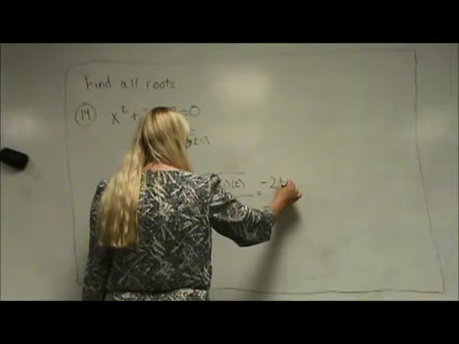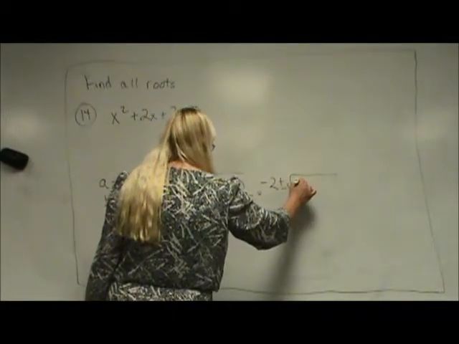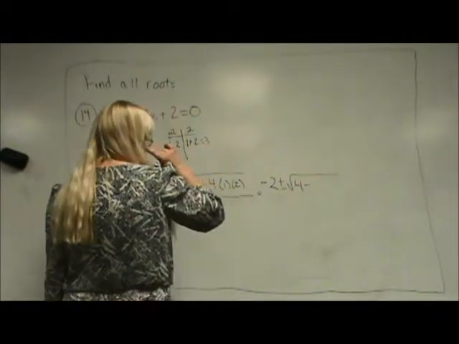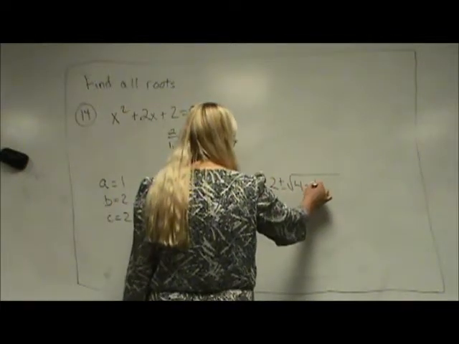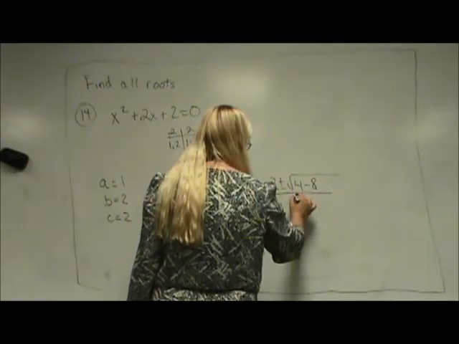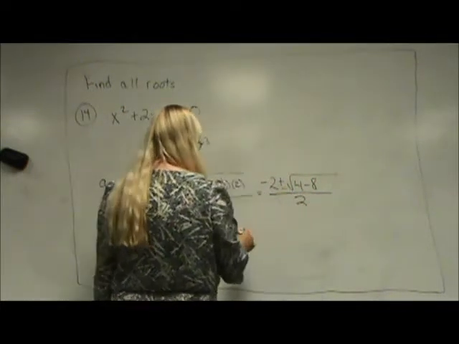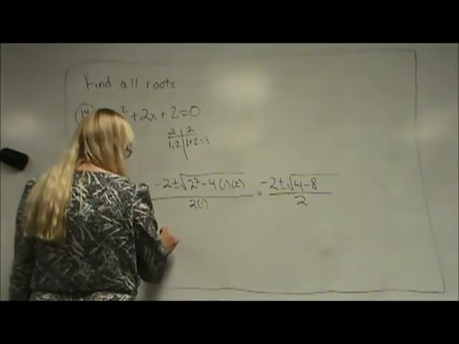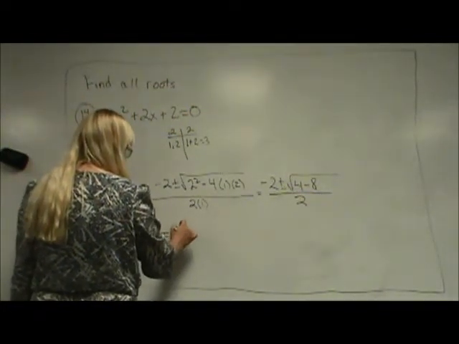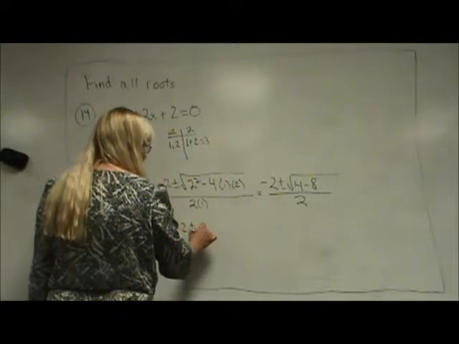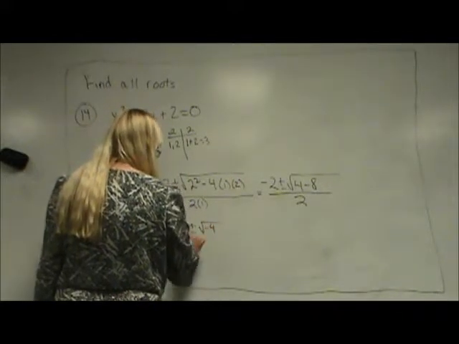-2 plus or minus square root of 4 minus 8, divided by 2. So again, I'm going to end up with an imaginary number because I'm going to have a negative under the radical. -4.